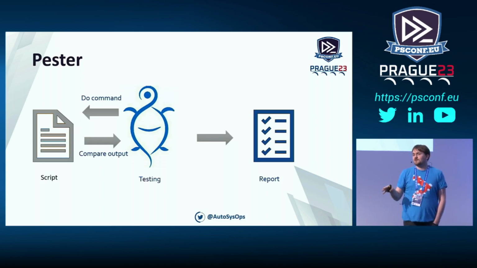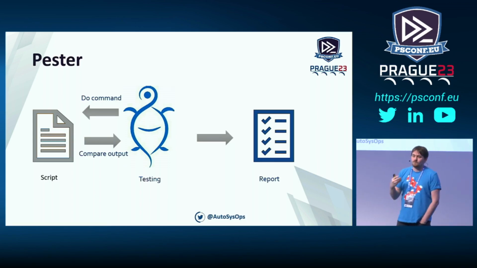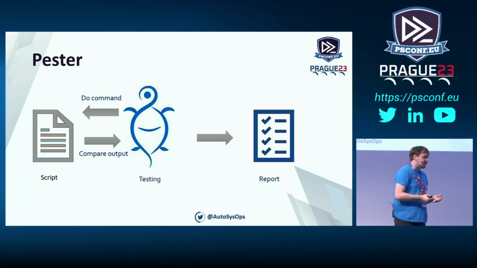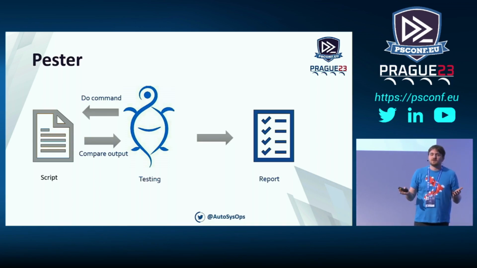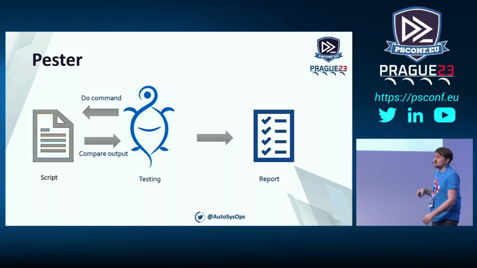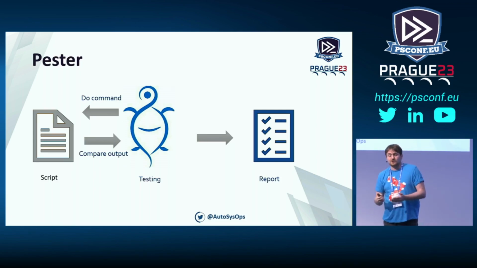And there's many different things in Pester like mocking and other techniques to make it easier to do even more with Pester. But in the end, the very basic functionality is I'm triggering something in my code, I'm getting the output, I'm comparing the output, and it will give me some kind of report saying these tests have failed or these tests have succeeded.